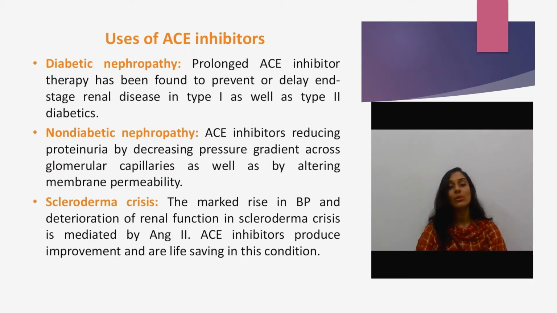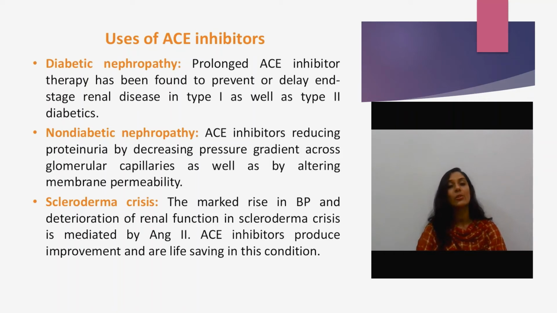They are also used in patients with diabetic nephropathy, right? Then non-diabetic nephropathy, and scleroderma crisis. In diabetic nephropathy, prolonged ACE inhibitor therapy has been found to prevent or delay end stage renal disease in type 1 as well as in type 2 diabetes.